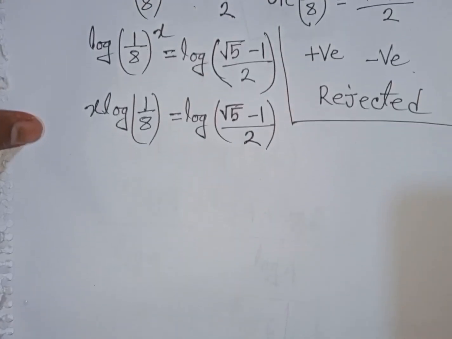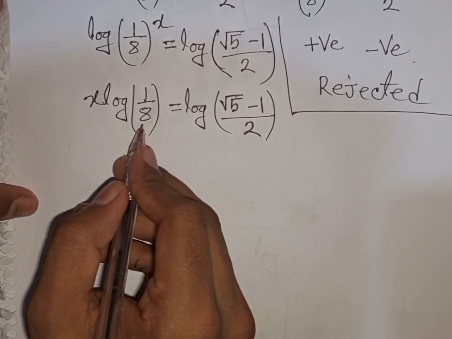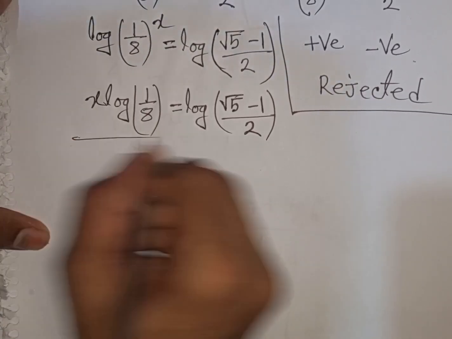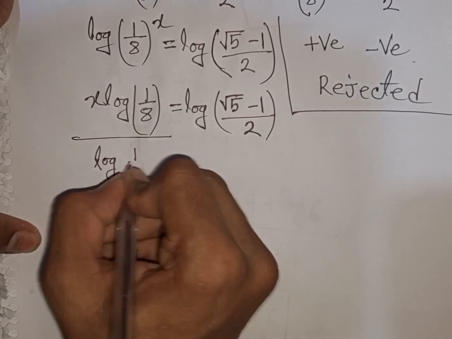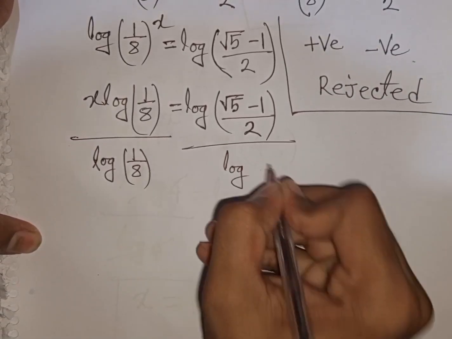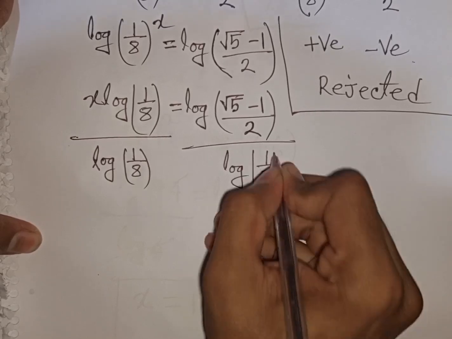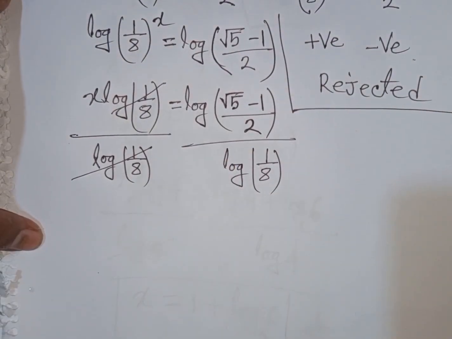Now, we need the value of x. So, we divide by log of 1/8 on both sides. So, this log of 1/8 and this log of 1/8 will be cancelled.